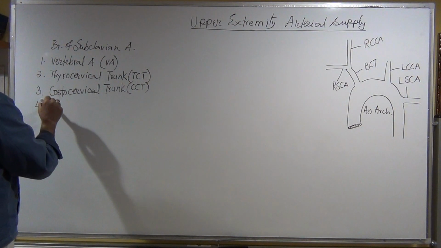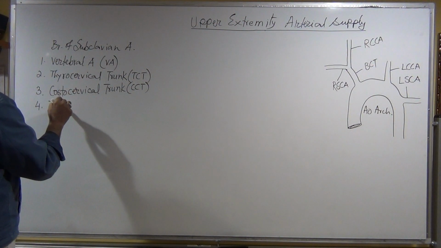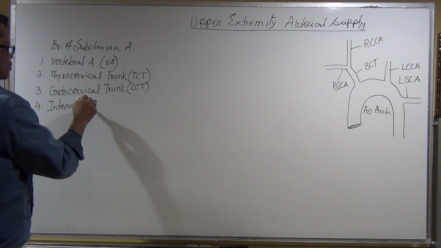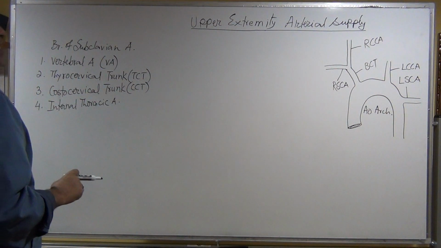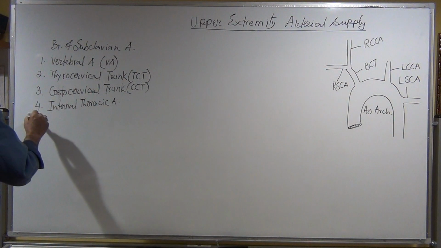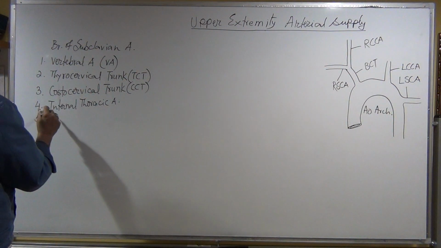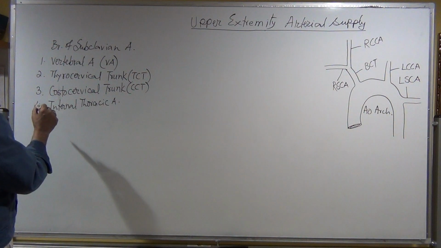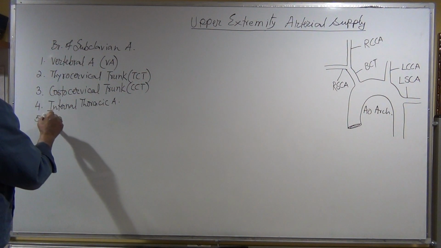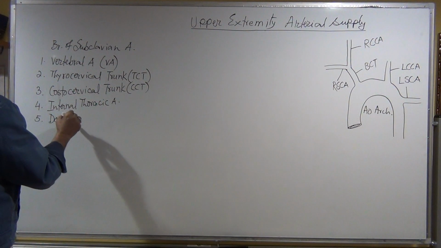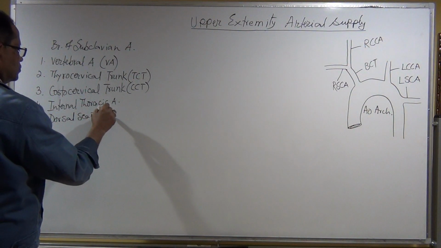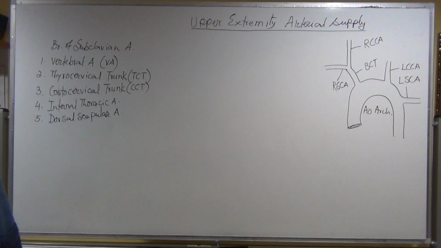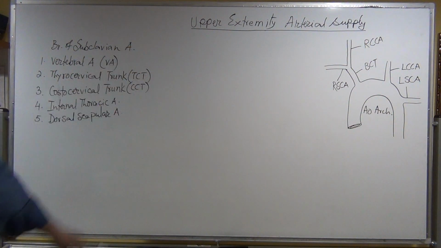Number 4, internal thoracic artery. Number 5, dorsal scapular artery. So these are the 5 branches from the subclavian artery.